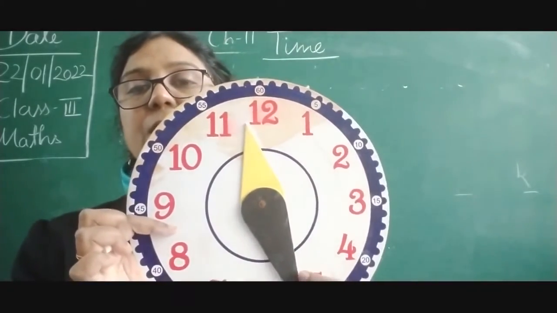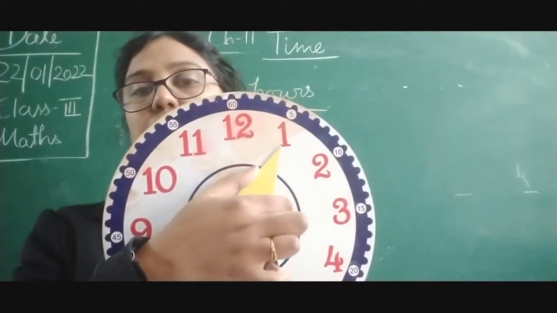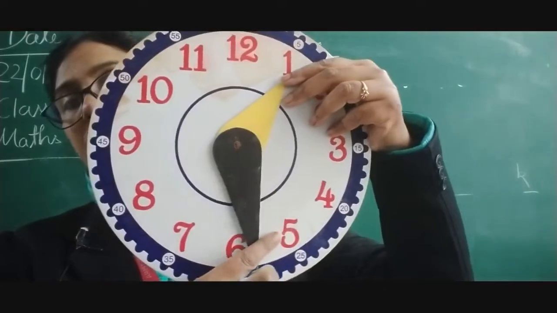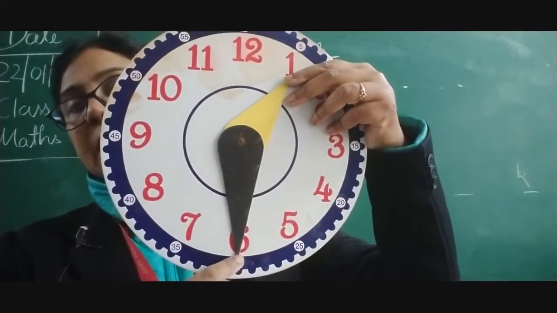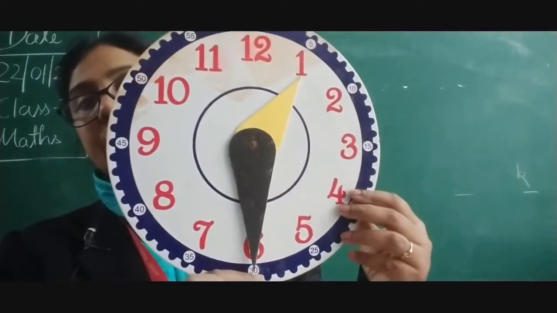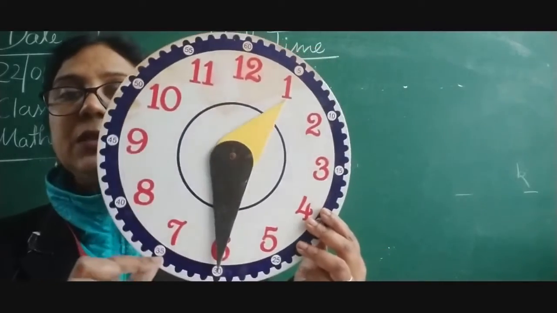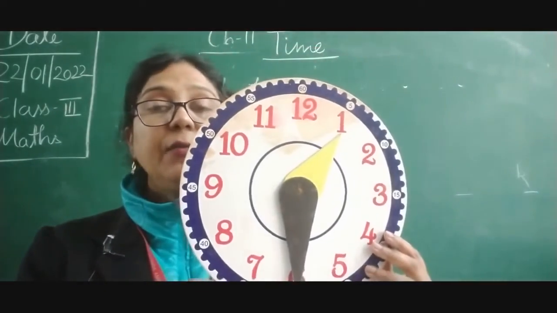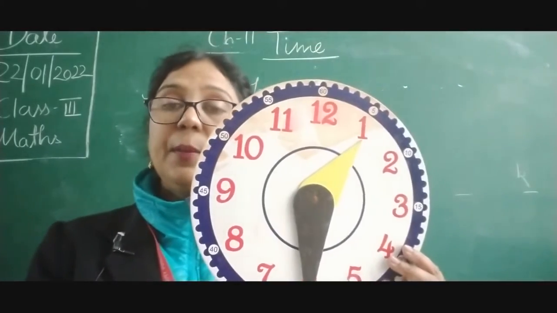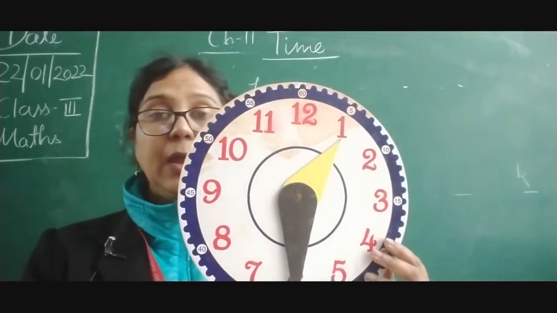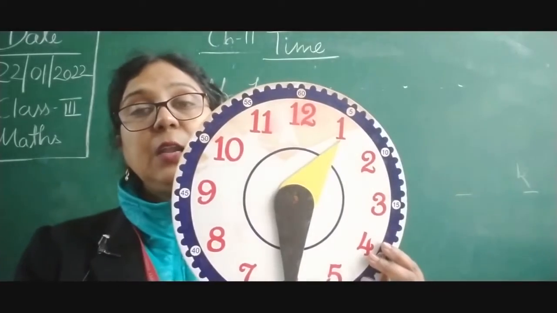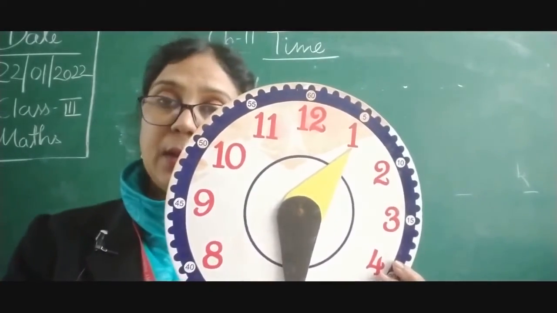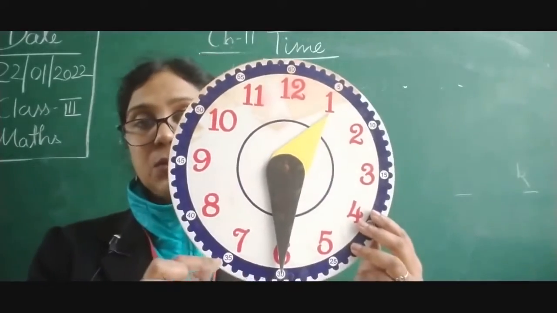Now suppose your hour hand is at 1 and your minute hand is at 6, so it will become 1:30. It means 1 बज के 30 मिनट्स हो गए, यानी हाफ, यानी 30 मिनट्स पास्ट हो गया है. It means this is half past 1. We will say this is half past 1.